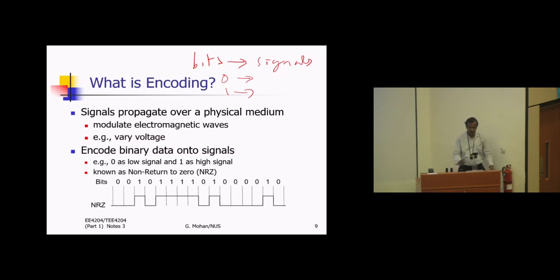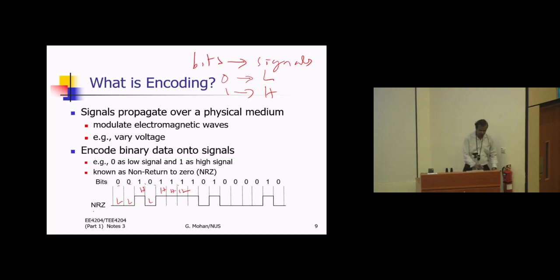The simplest case is 0 means low signal, 1 means high signal. For example, when you transmit 0, 0, 1, 0, 0, you can transmit low, low, high, high, high, something like this. So the mapping of bit to signal is called encoding.